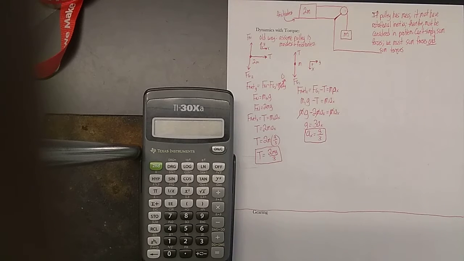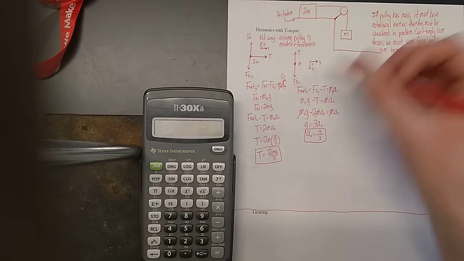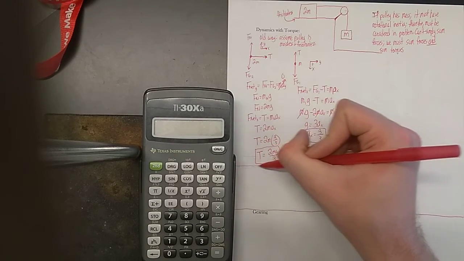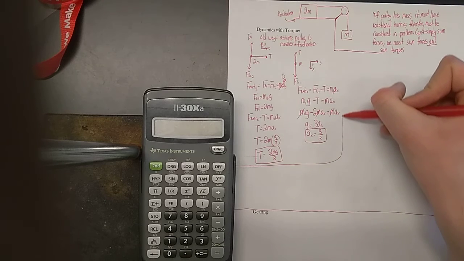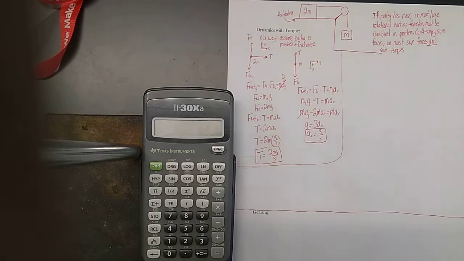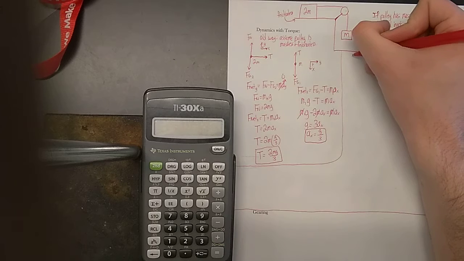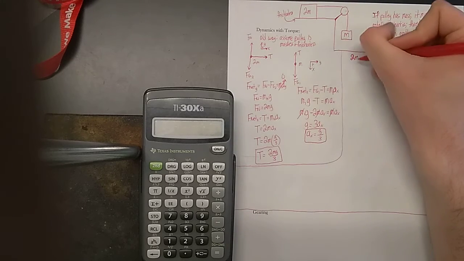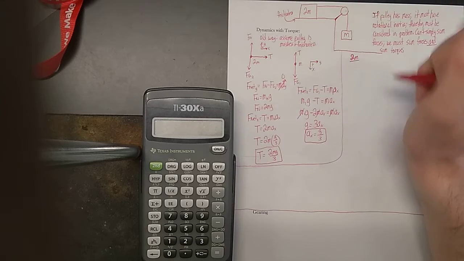Those actually aren't going to change. The free body diagrams are exactly the same, but we're also going to need a net torque equation. So the net forces, here's what I'll do. I'll kind of section this off here. Okay, I'm going to bring over the net force equations. Again, those haven't changed. We're not changing those at all. We're just adding something else in because we now have to account for the rotation of the pulley.